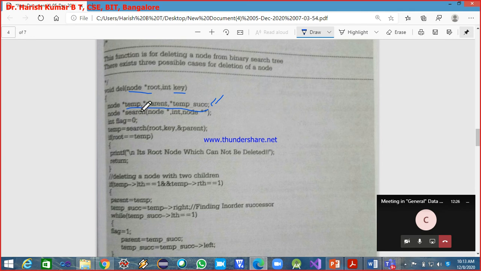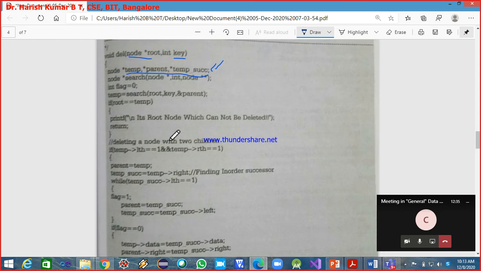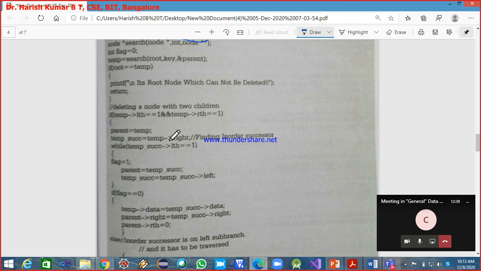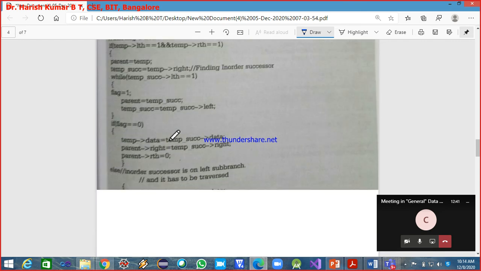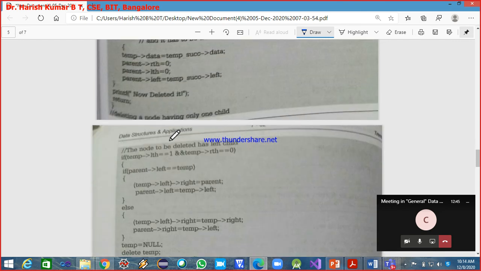So temp, parent, and temp successor. I think this was also done in the last class. I had finished discussing deleting a node with 2 children.